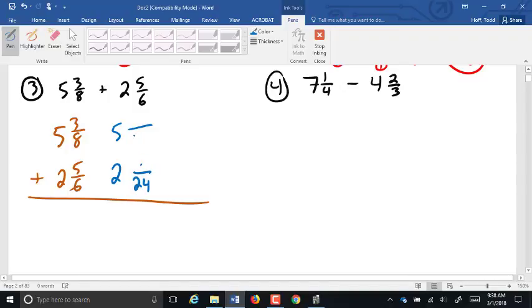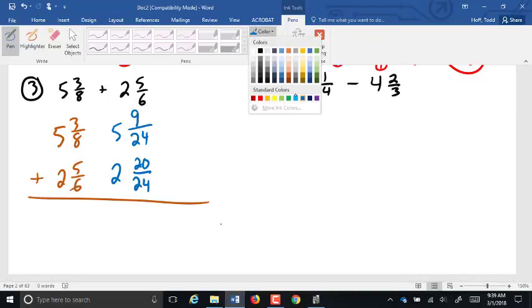Very good. What is this top one going to become? 3/8 is going to become 9/24. Good. And 5/6 will become 20/24. Any questions on how we found the common denominators? We're good with those. Okay.